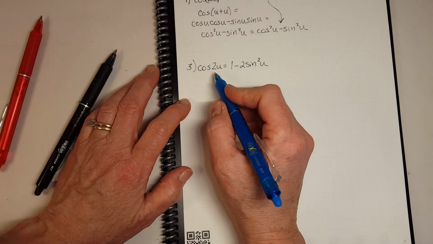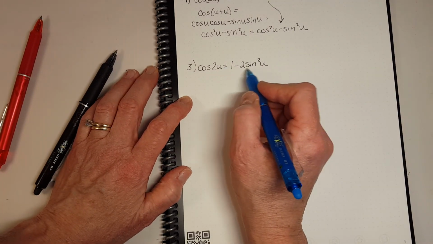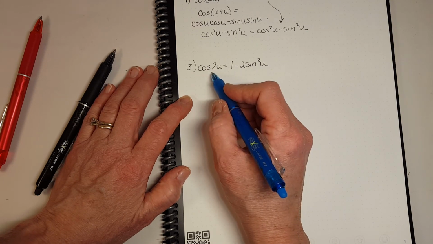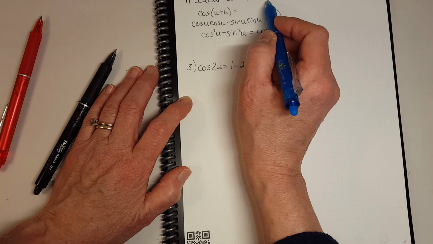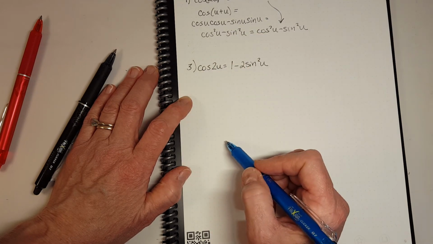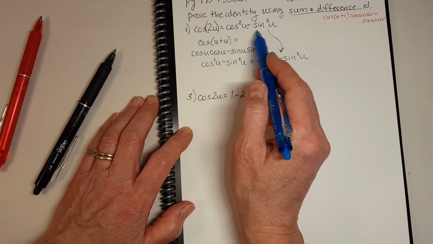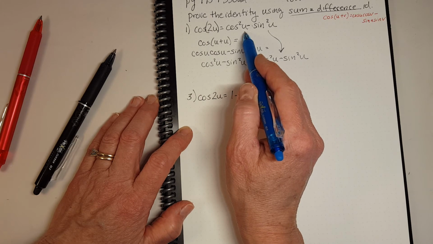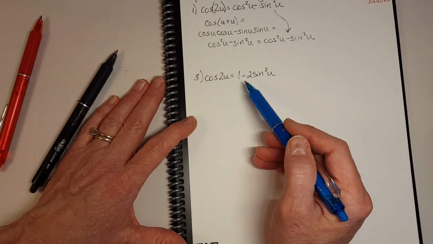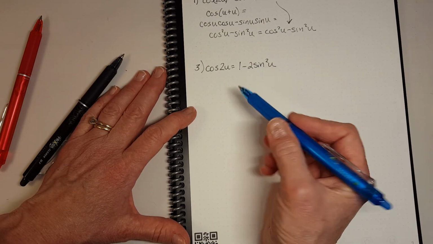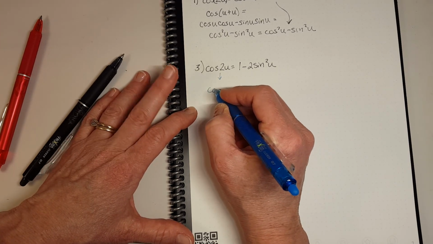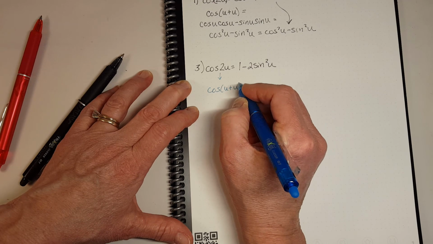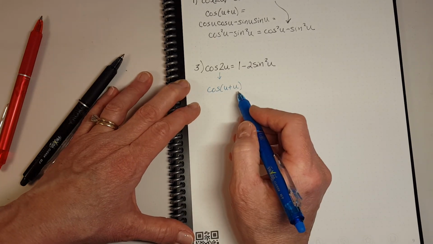We'll do number 3 in blue. So now we want to prove one of the other identities for cosine of 2u. Cosine of 2u can either equal cosine squared minus sine squared, like we saw on the page before, or this is another one, and there's a third option as well. So we're going to do this again. We're going to rewrite this as cosine of u plus u, because 2u is equal to u plus u.